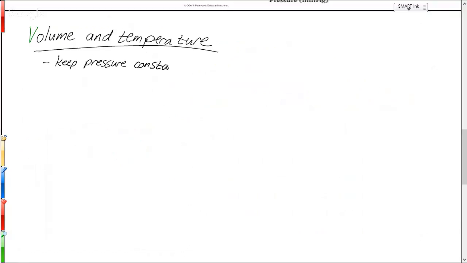So this time we're going to keep pressure constant, which means we need to think of something that can change its volume. A balloon is a decent example of this, because if you imagine the balloon can expand with limited resistance, what happens if you increase the temperature of a sample of gas? What's going to happen to the volume? It's going to expand because the gas expands, right?